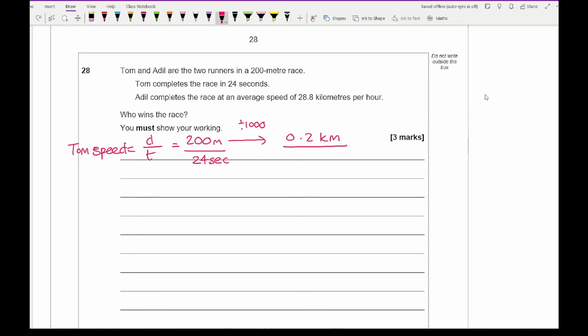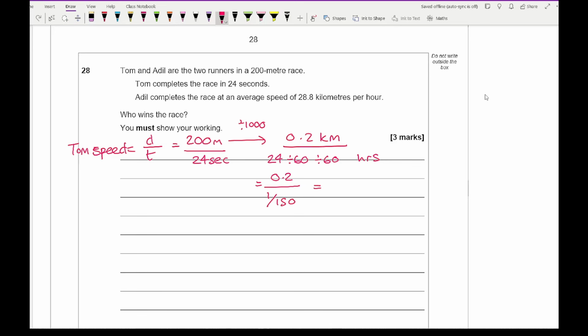Now I then need to work out what 24 seconds is in hours. Well, 24 divided by 60 will convert it into minutes. And then if I divide that by 60, it will convert it into hours. So here I've got 0.2 divided by 24 divided by 60, divided by another 60, and that gives me 1 over 150.